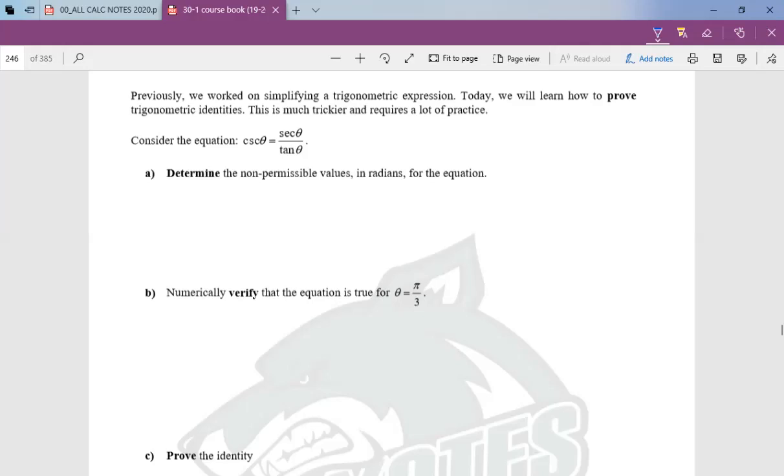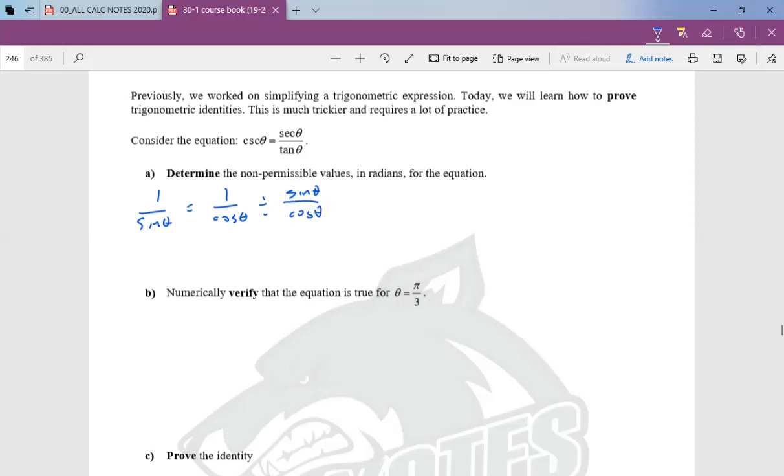As always, we should look at non-permissible values and state what can't be true. Because cosecant is 1 over sine theta. Secant is 1 over cos theta. And it's dividing by tangent, which is sine theta over cos theta.